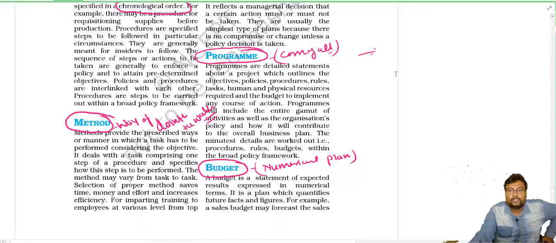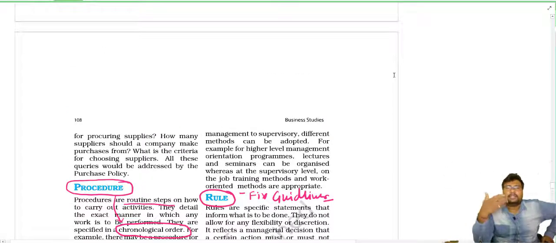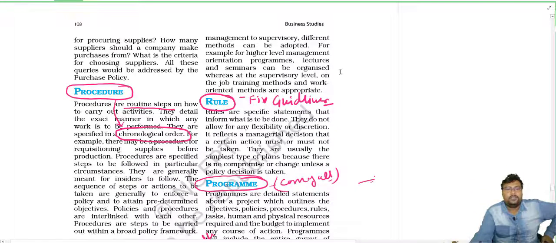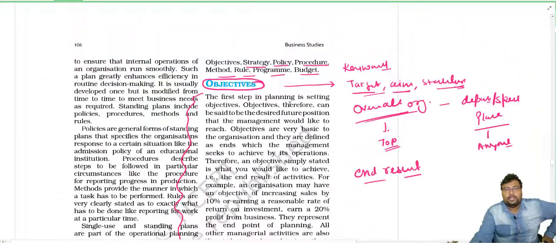Okay beta. These all are the types of plans. If you have any confusion in any particular plan, please tell me. And one very important thing: I request you all not to read or learn the whole paragraph, but please learn the keywords.